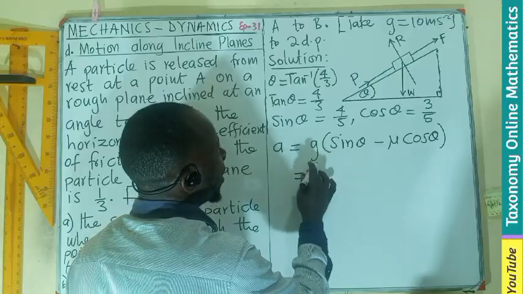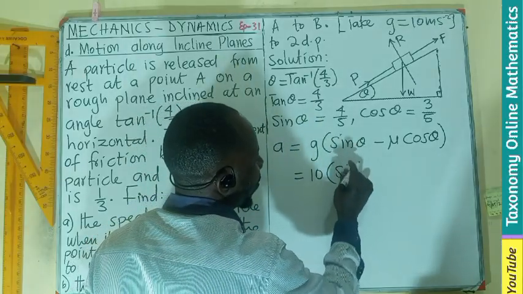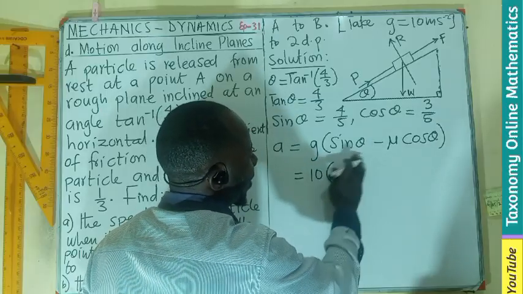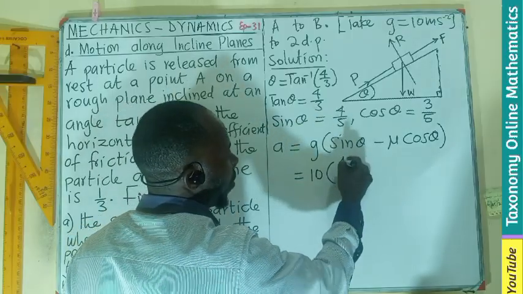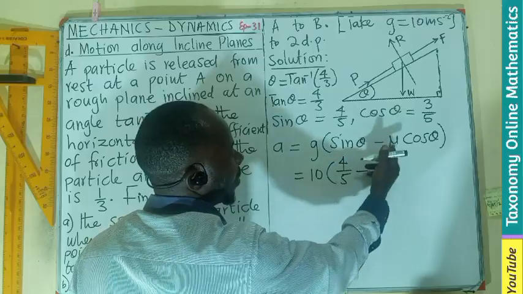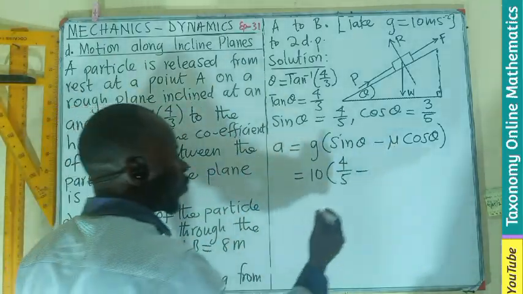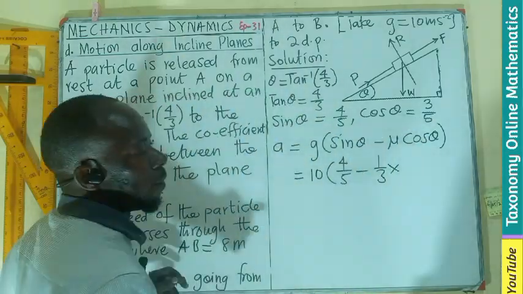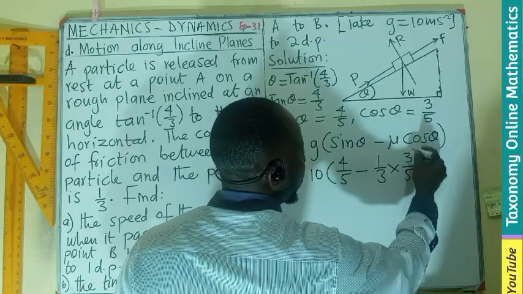So that means 10 is multiplying the sine of theta. Let me just replace it directly. Sine theta is 4 on 5, right? Minus the coefficient of friction, which is 1 on 3, times the cos theta, which is also going to be 3 on 5.